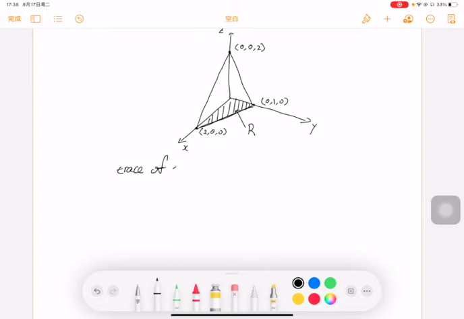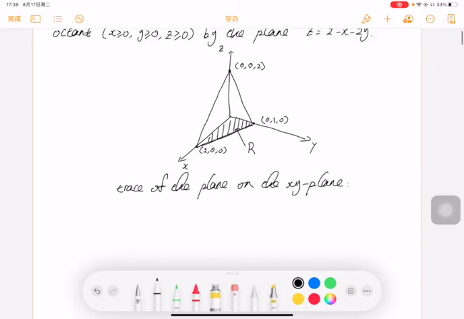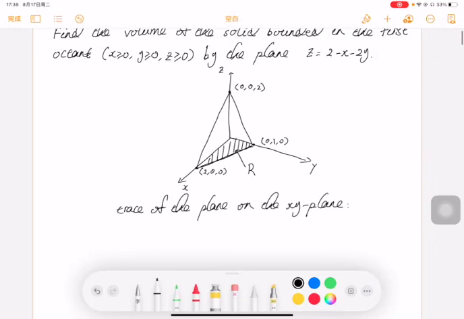The trace of the plane on the xy plane is obtained by setting z equals 0.